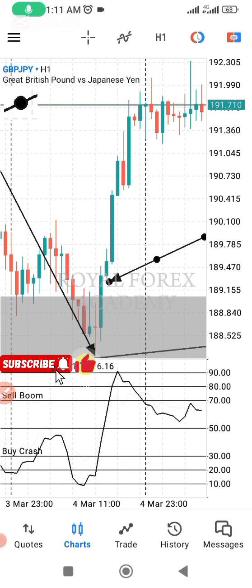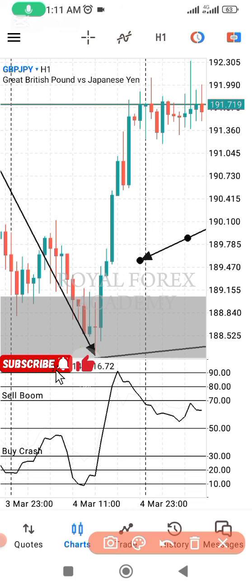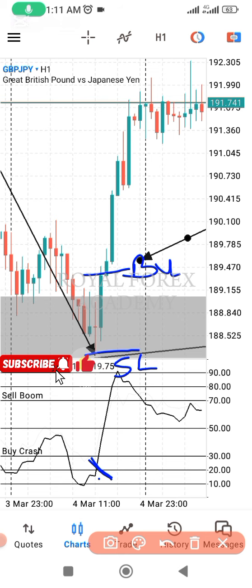Covers 5 hours of previous candles. And when that was happening, our CCI line is actually crossing above the level of 20 and 10. And when that was happening, we have that beautiful entry, which gave us this buy signal, and our stop loss is here, and then here we are buying to the upside.